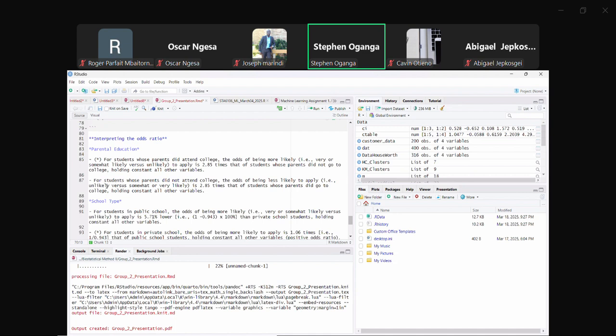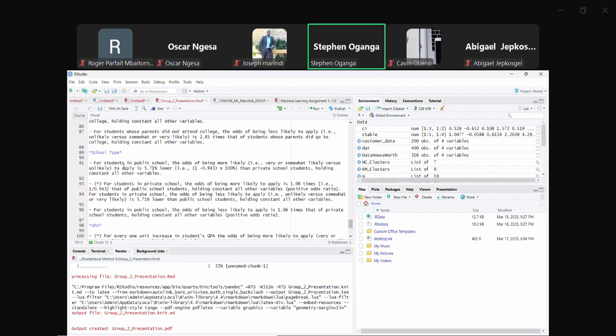And then for students whose parents did not attend college, the odds of being less likely to apply, meaning unlikely versus somewhat or very likely, is 2.85 times that of students whose parents did go to college, holding every other variable constant.